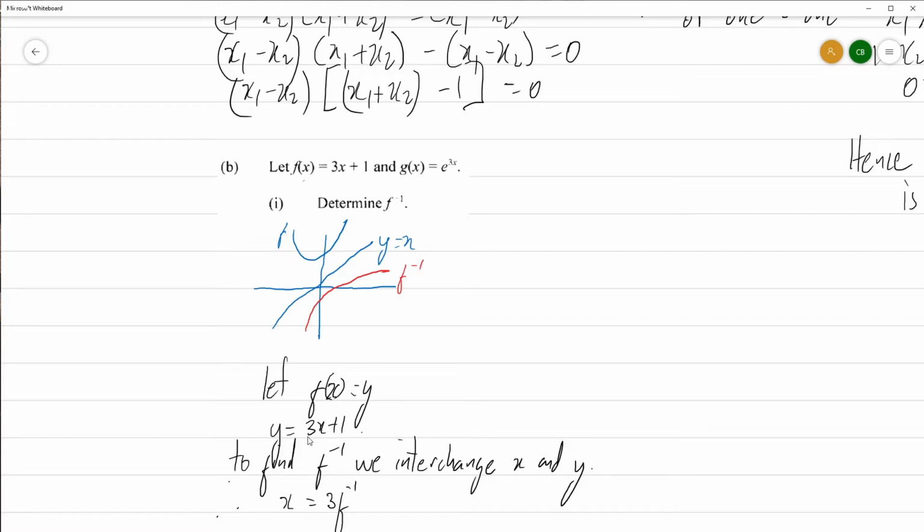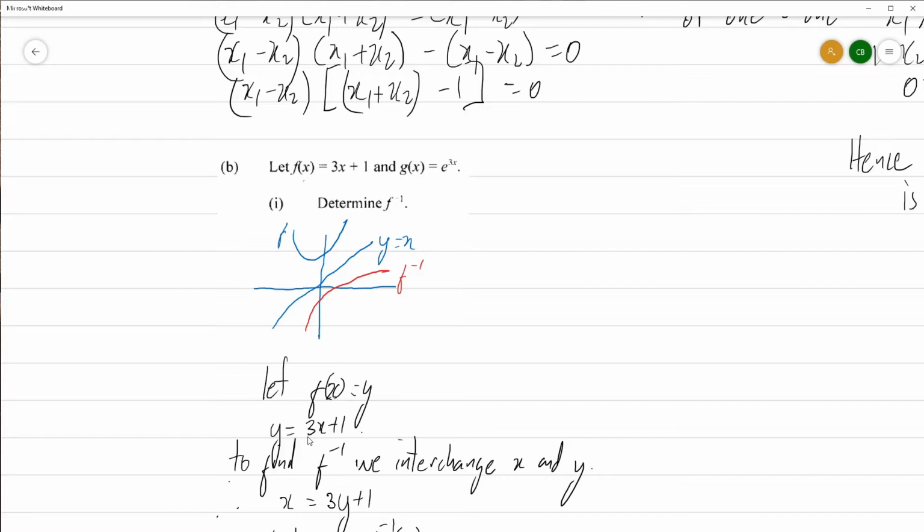So x minus 1 over 3 is y, which is equal to f inverse of x.